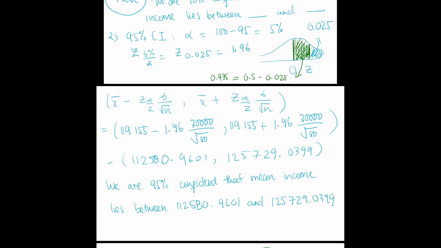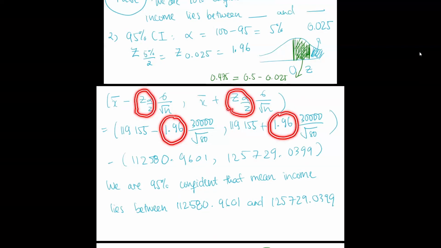Any question here? What do you do with 1.96? I substitute it into the z, this one. I multiply them together.